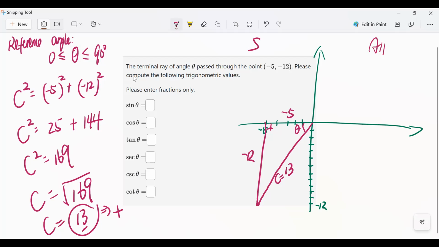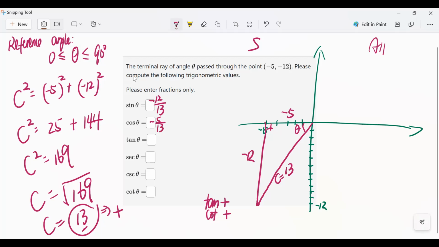Now we know that All Students Take Calculus. So in the third quadrant, tangent is positive, right? Everything else is negative. Now we can start calculating this. Sine will be opposite over hypotenuse, -12 over 13. Cosine will be adjacent over hypotenuse, -5 over 13.